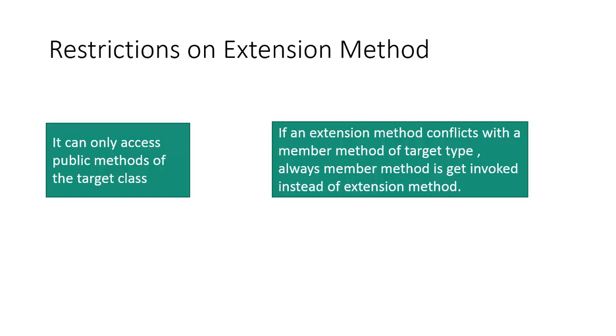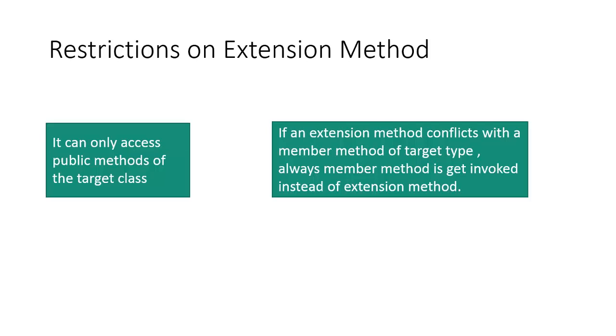Second restriction is extension method always gets lower priority than the member method of target type. So if an extension method conflicts with a member method of target type, always member method is invoked instead of extension method.